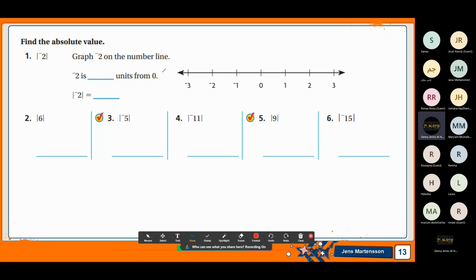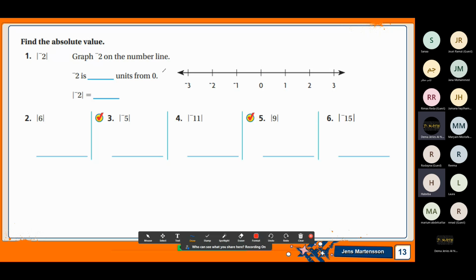Where's Dima? Okay, she tried to enter the class, but I don't know if she entered or not. Dima? No. Okay, Fatima? Habiba? Yes, teacher, I'm Habiba.